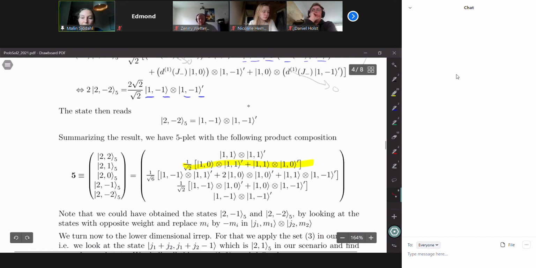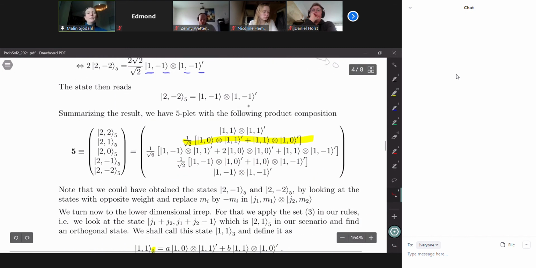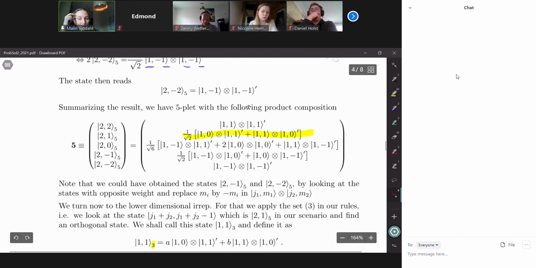So in fact, it was only strictly necessary to do this step and to do this step. These could have followed. Okay. The conclusion so far then is that after this long exercise, we have found all the states in the 5-plet. So we have found 5 out of 9 states.